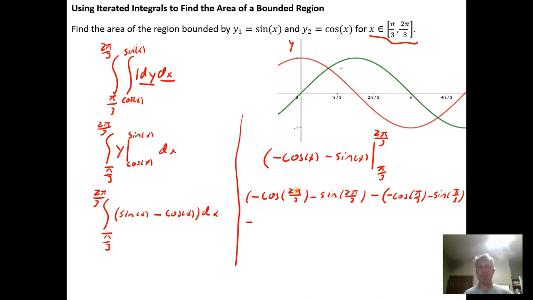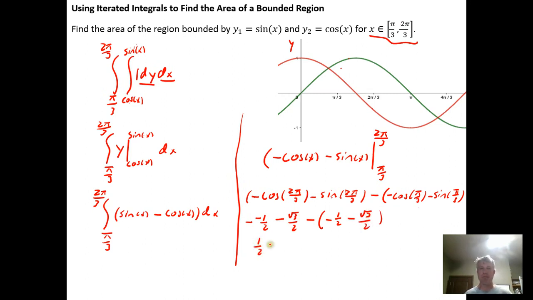And now these are special angles, so the cosine of 2 pi over 3 is negative 1/2, minus the sine of 2 pi over 3, which is root 3 over 2, minus, parentheses, minus cosine of pi over 3, which is positive 1/2, minus the sine of pi over 3, which is again the square root of 3 over 2.